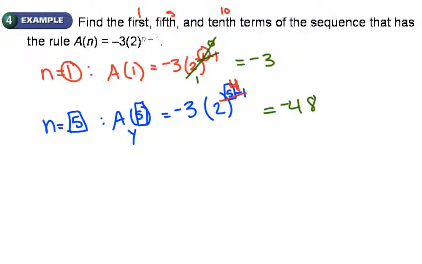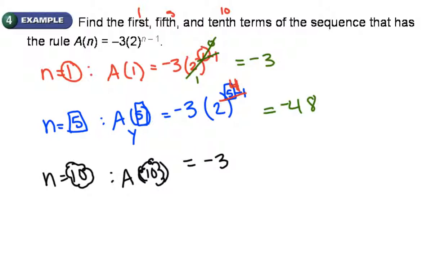All right, and then finally, when we're looking at the 10th term, when n is 10, a of 10 is equal to -3 times 2 to the 10 minus 1 power.